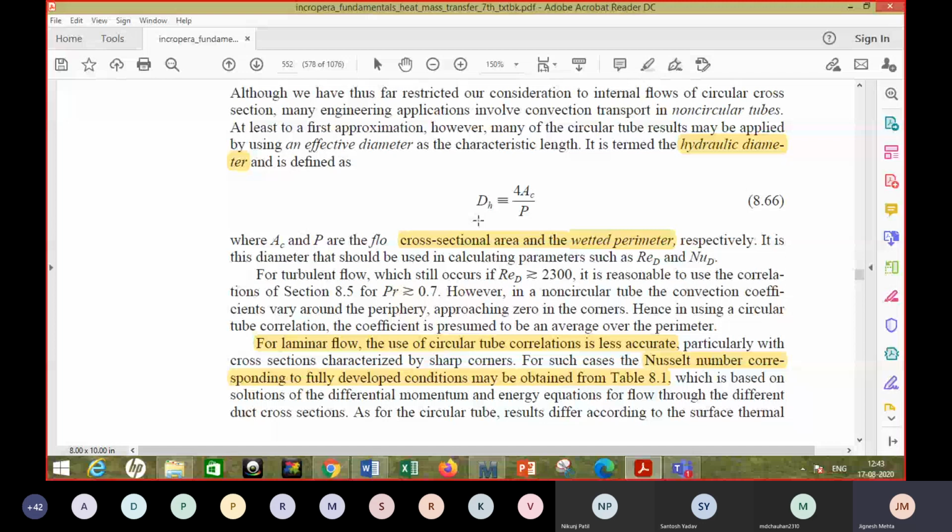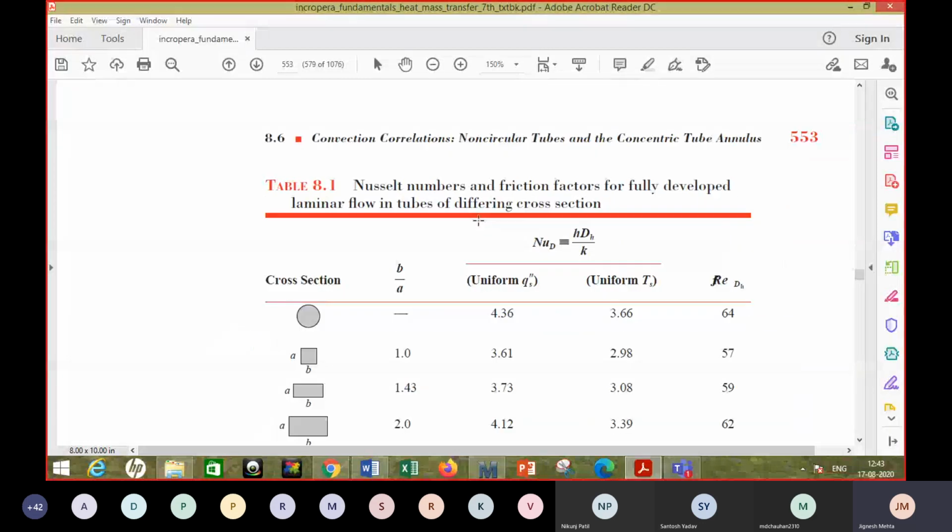If it is laminar flow, then it may not be a good idea to use the circular tube numbers, that is 3.66 and 4.36. For circular, these are the two Nusselt numbers that you use for two different boundary conditions, that is constant heat flux and constant surface temperature.